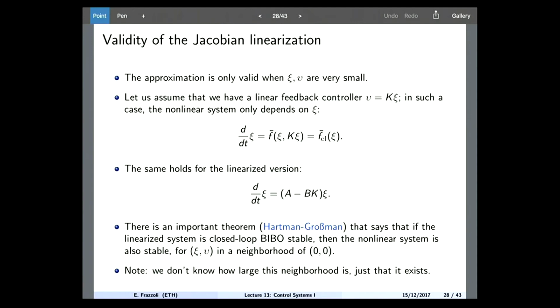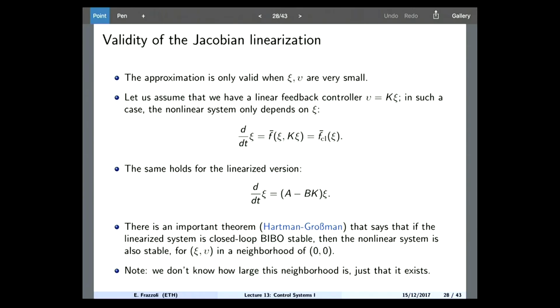Now, the key point in this is an important theorem called the Hartman-Grobman theorem, that says that as long as the eigenvalues of this matrix, meaning as long as the closed loop poles of my linear approximation, are strictly in the left half plane, okay, so the real part is strictly negative, then I know that not only my linear approximation will be stable, but also the nonlinear system will be stable, okay?